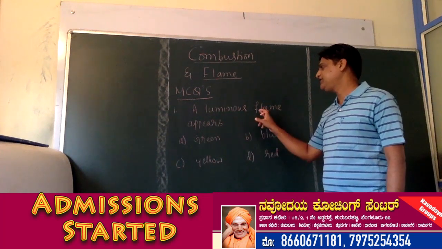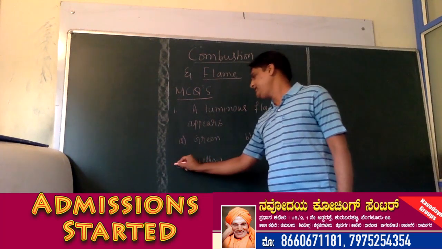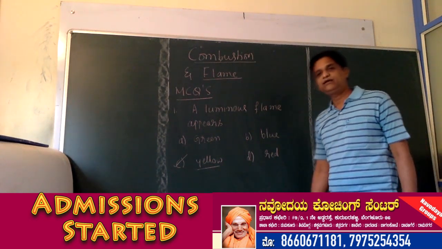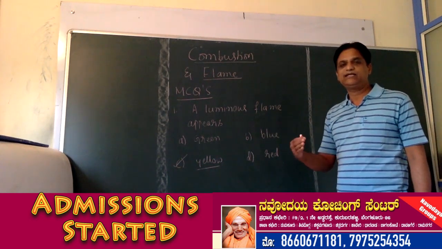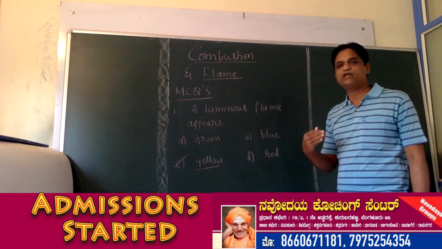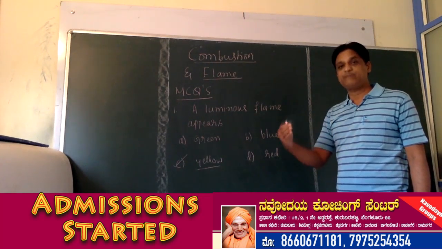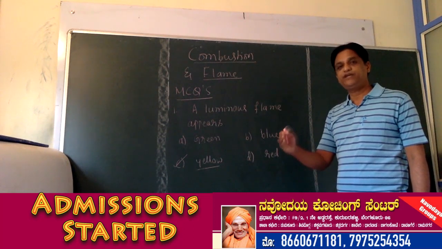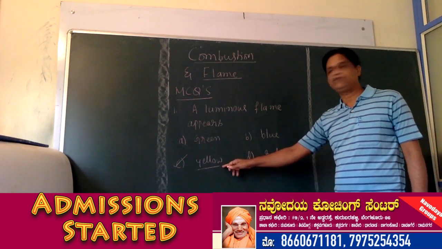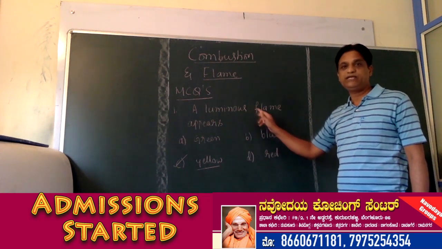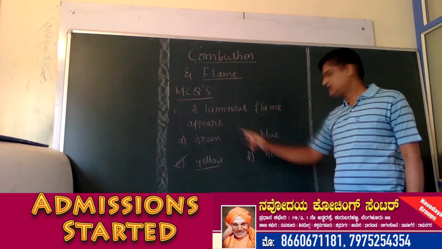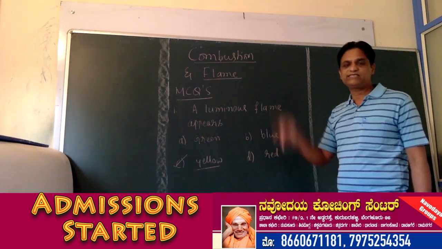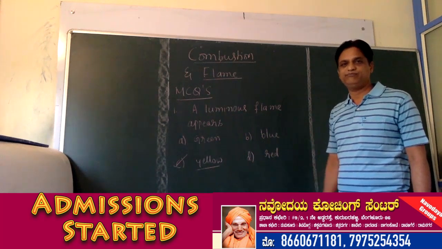So a luminous flame appears yellow in color, mainly because of incomplete combustion. Incomplete combustion of fuel produces a yellow flame, called a luminous flame. Complete combustion of fuel produces a blue flame, called a non-luminous flame.